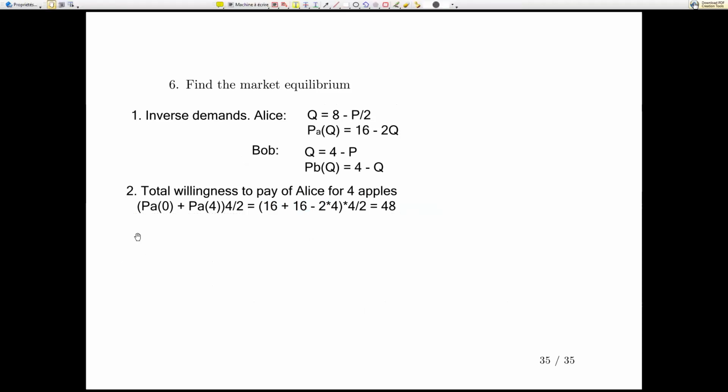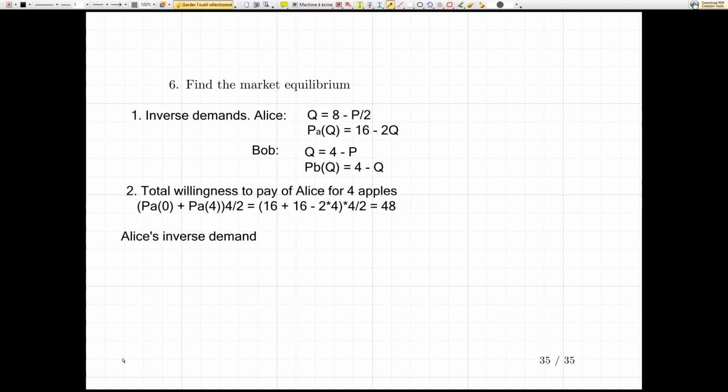So let's just look at Alice's inverse demand. So it starts at 16.